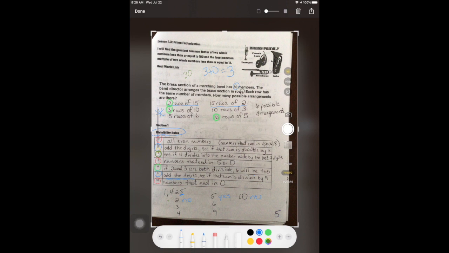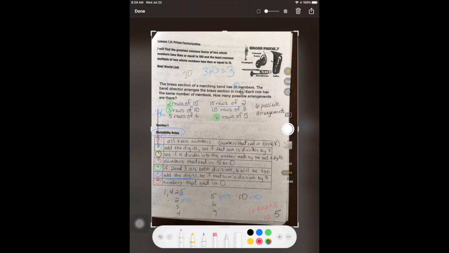Okay, then let's do the 3 rule. I'm going to take these digits and add them together: 1 plus 4 plus 2 plus 5. So I add 4 and 1 and I get 5, and then add another 5, which is 10, and then add a 2. The sum of these is 12.